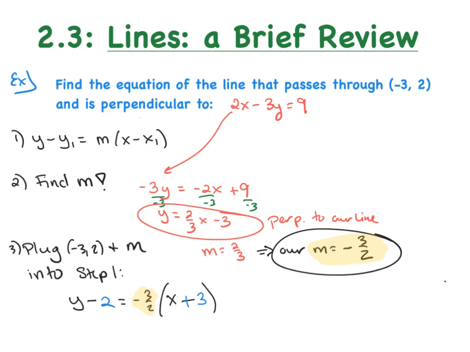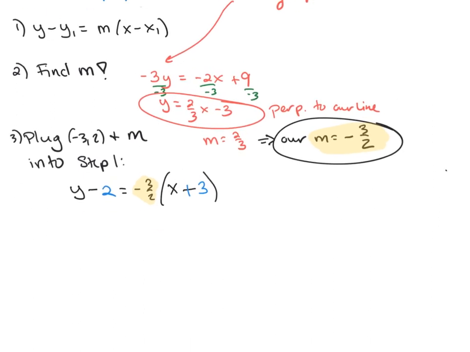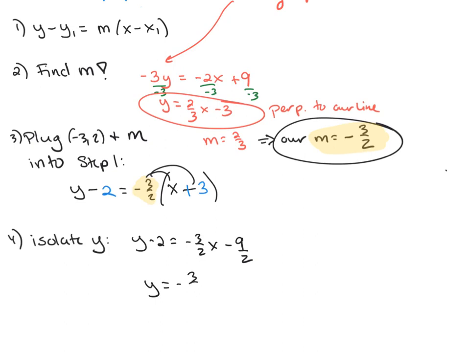Now, generally, we are probably going to have to give our answer in slope-intercept form. So step number 4 will be to isolate y. So y minus 2 equals negative 3/2 x minus 9/2. And then when we add 2 to both sides, y equals negative 3/2 x minus 9/2 plus 2.